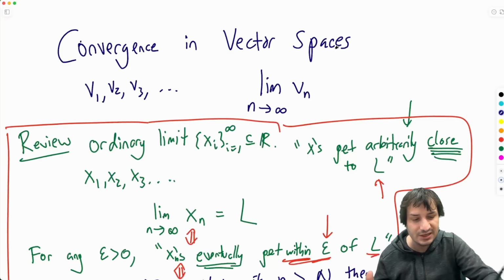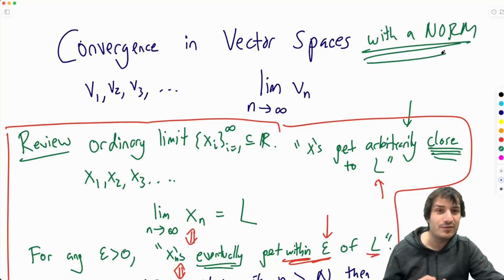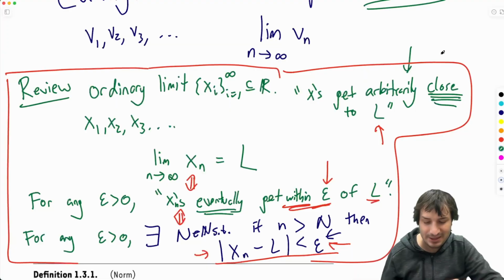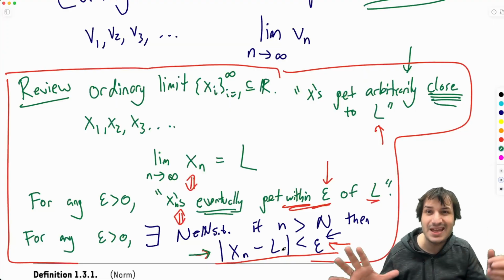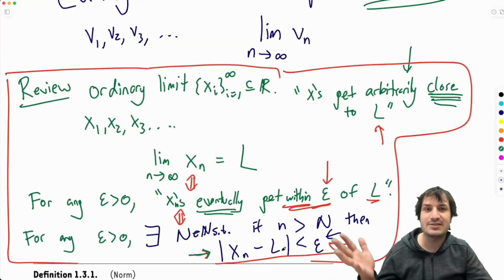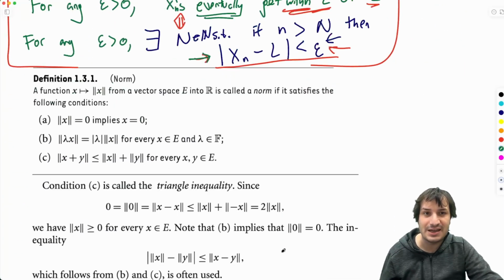Convergence in vector spaces is measured with a norm. The norm is just a generalization of the absolute value function, so that when we replace the absolute value with a norm in this line, everything still makes sense and is intuitively the same. Here is the definition from the textbook.